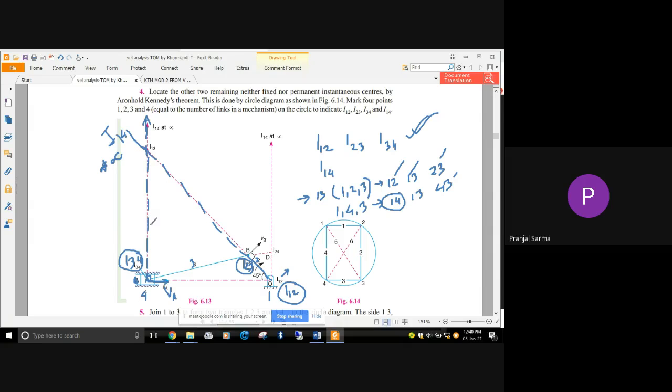If I join them, then I13 should lie on this particular line. As per the previous logic, it should also remain on the other line. So wherever they intersect, there we have I13. Understood? I13 is also located. Up to this much, I hope all of you have understood.